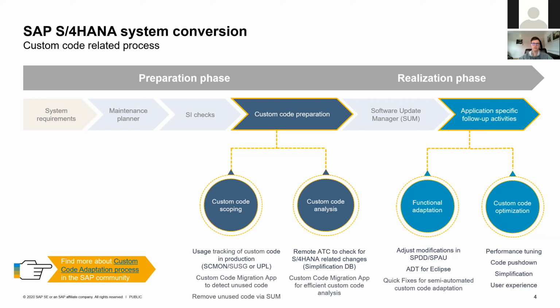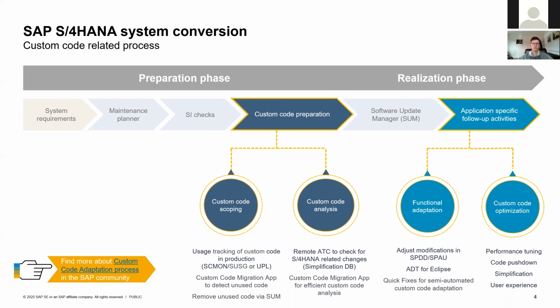custom code scoping is the collected usage data for your ERP system. You can collect usage data using either UPL, the usage procedure logging in the Solution Manager, or we recommend using the ABAP Call Monitor and transaction SCMON as the successor of the UPL.